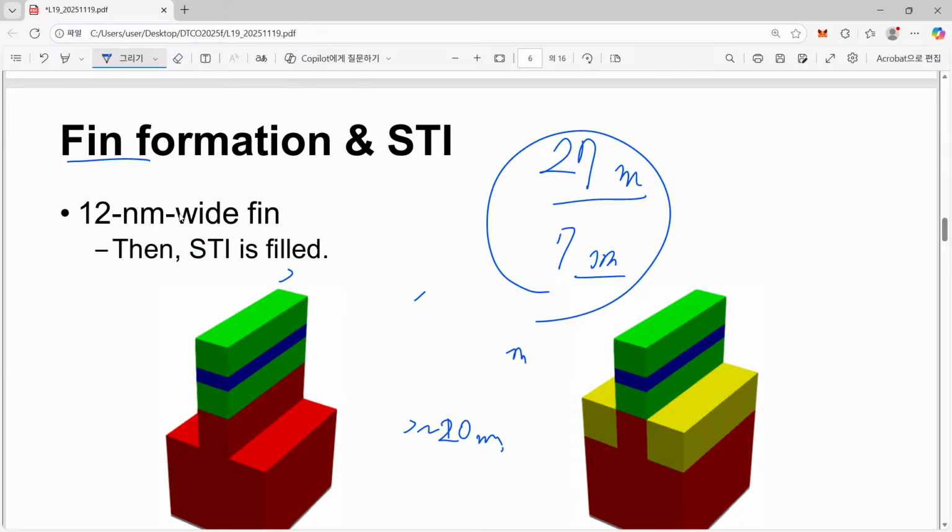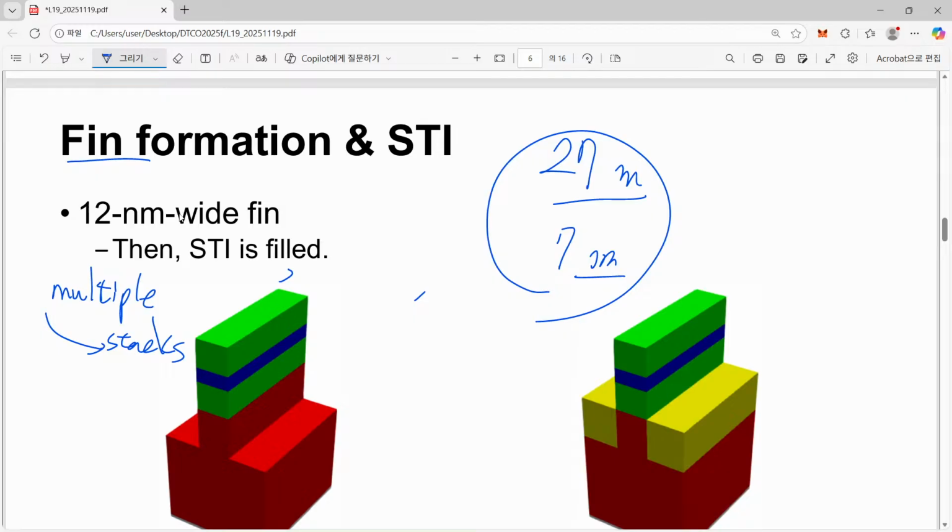Of course, since we are using much wider space, how can we match the effective width? That is compensated by introducing multiple stacks. That is the key idea to compensate for the use of a wider area.